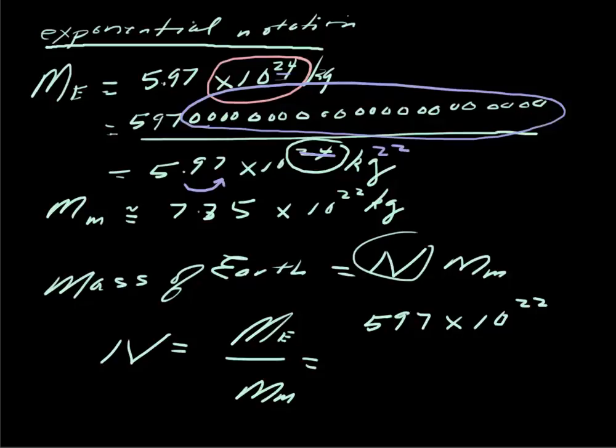So we're writing 597 times 10 to the 22nd divided by 7.35 times 10 to the 22nd, and let's rewrite that.